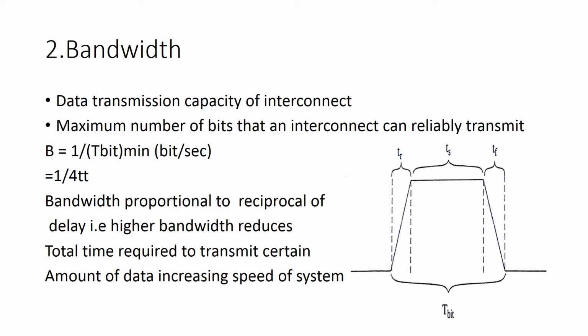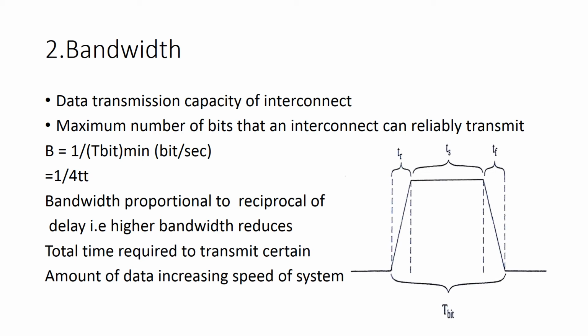So bandwidth is another criterion. What is bandwidth? It is the maximum number of bits that an interconnect can reliably transmit. Bandwidth is given as 1 by T_bit minimum, bits per second. So bandwidth is proportional to the reciprocal of delay.